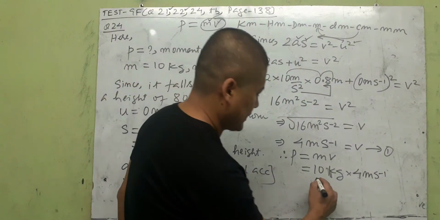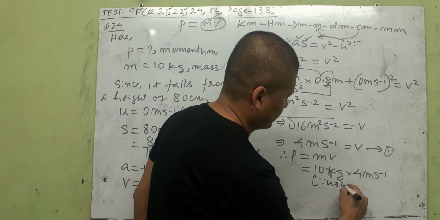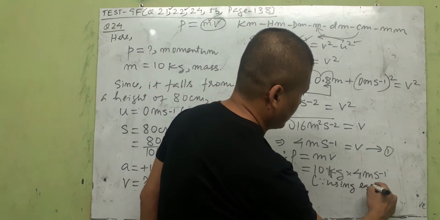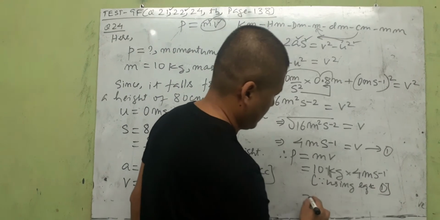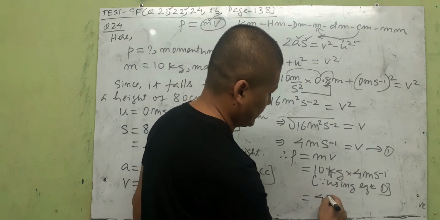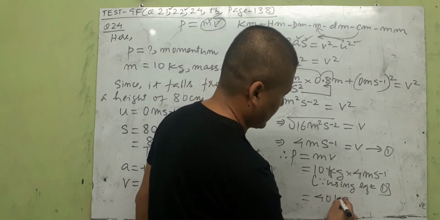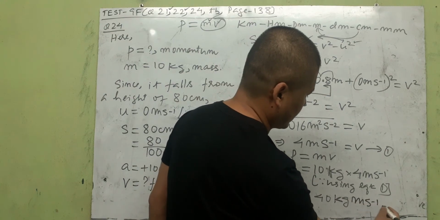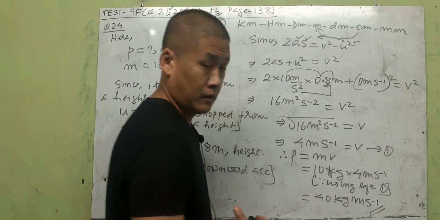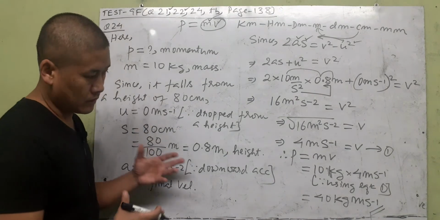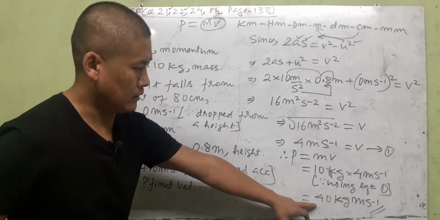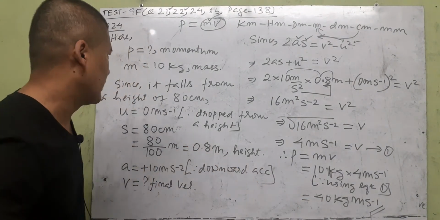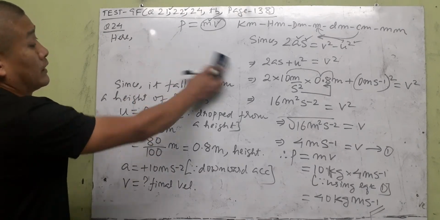And we can write here, since using equation number 1. So 10 4s are 40. I think they're just asking the numerical magnitude, so kg meter per second. So the momentum generated on this cardboard box, this is your answer. Okay, so if you want, you can write once, or that is also okay.